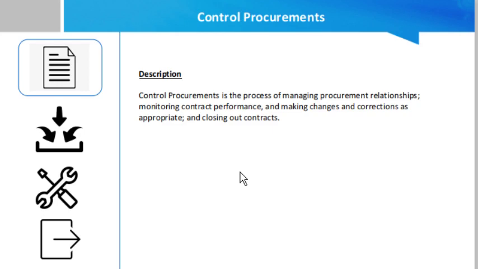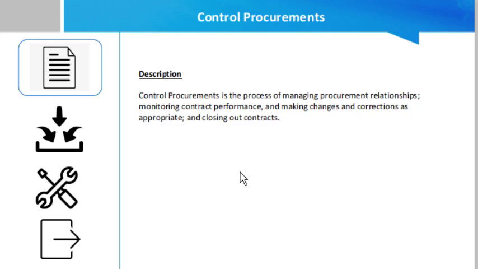Okay, now when we talk about control procurement, it means that you are managing or controlling the procurement. For example, you are buying some hardware from a vendor.